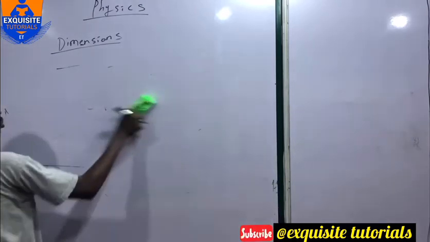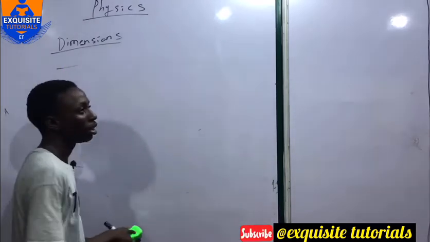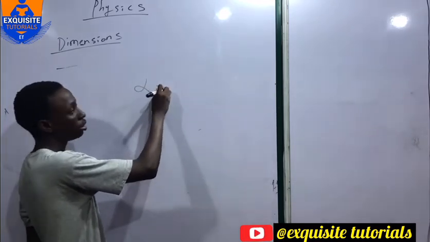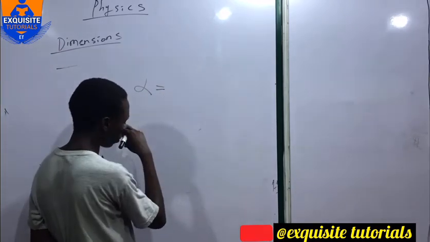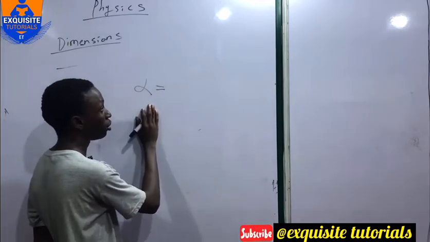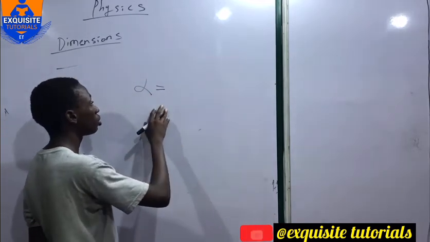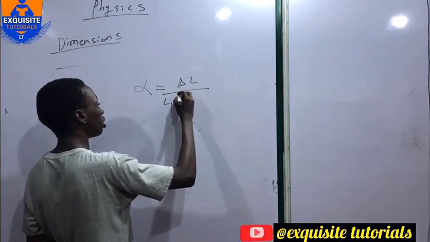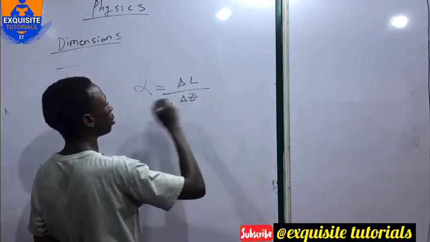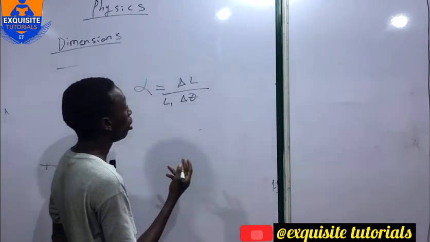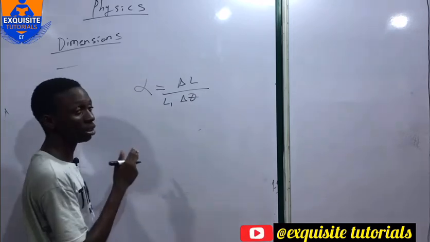Let's take the dimension for the coefficient of expansivity. You know that it can be represented by the formula alpha equals, or let's say linear expansivity, alpha is equal to change in length over original length times change in temperature. Length can be represented in L, while temperature can be represented in Kelvin.